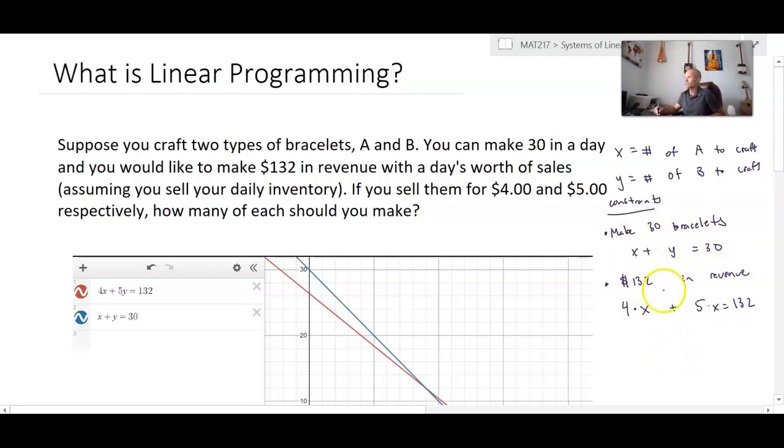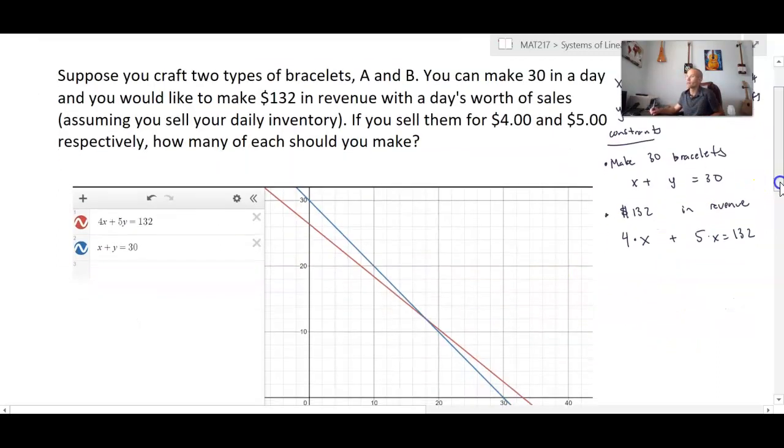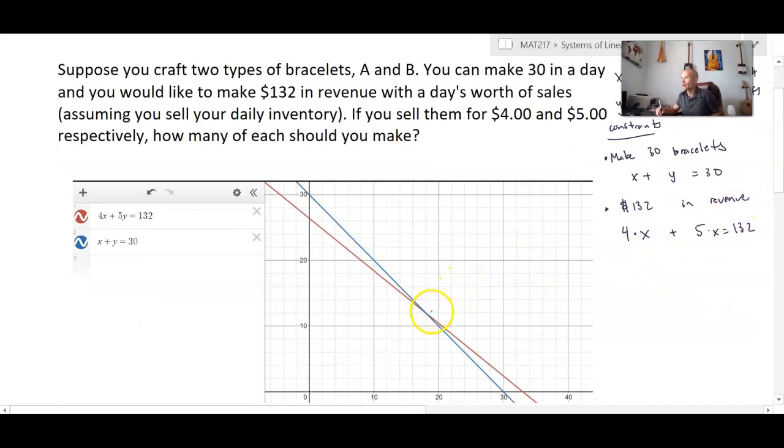Now we have different techniques of solving this. One of the ways in which we solve it is we could solve it graphically and find out where these two intersect. And if we look at where this point is, this is the point (18, 12). So we're going to sell 18 of bracelet A and 12 units of bracelet B for a total of 30.